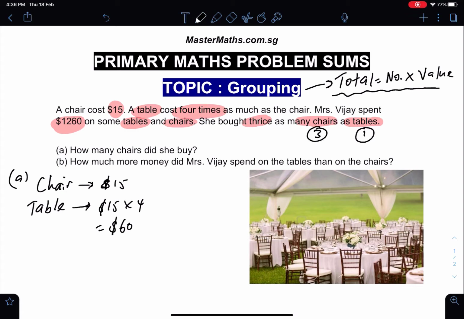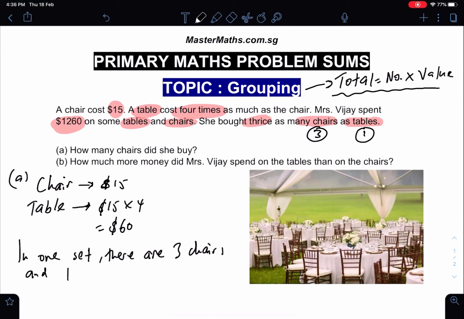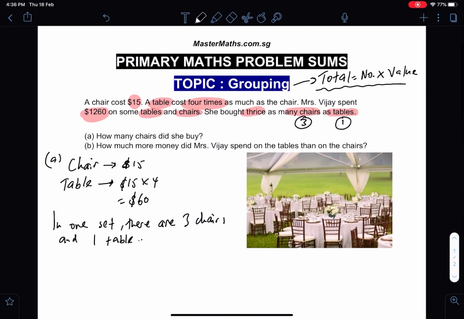If I buy 2 tables, likewise I times 3 as well, I will buy 6 chairs. So we put these tables and chairs into what is known as sets, or you can put it as a group, in one group or in one set. There are 3 chairs and 1 table, but of course we know there may be more than one of these sets.